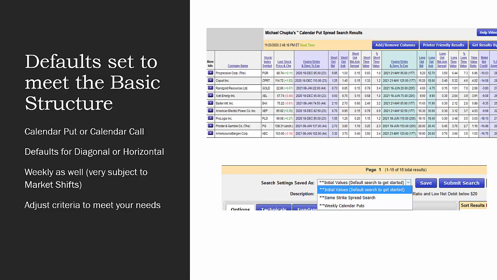The defaults that we talked about are set for both calendar put and calendar call, diagonal or horizontal, but we have to remember something about these bearish positions especially, and weekly positions that have that shorter term strike and that lower premium.